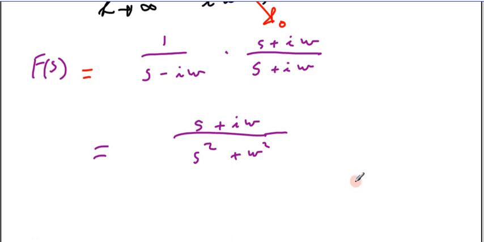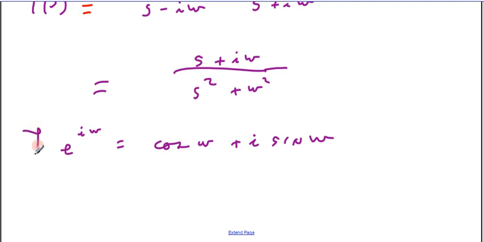And then I'm going to say, oh gee, what is e to the i omega? Well, Euler told us that was cosine omega plus i sine omega, right? So if I take the Laplace transform of that, I should get the Laplace transform of this.